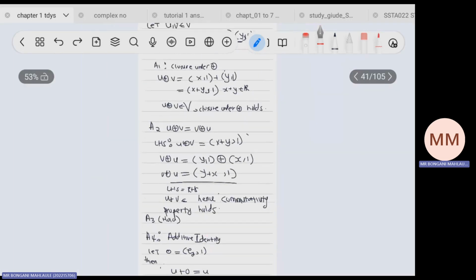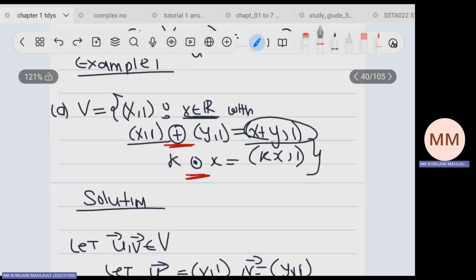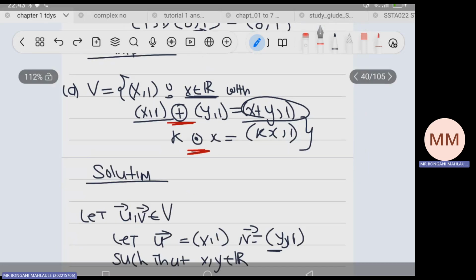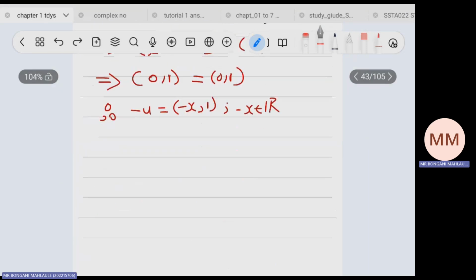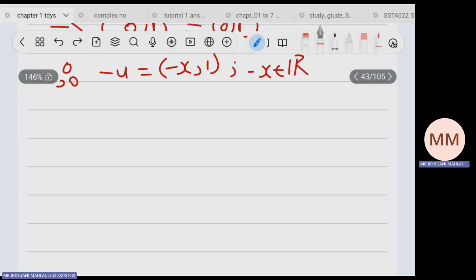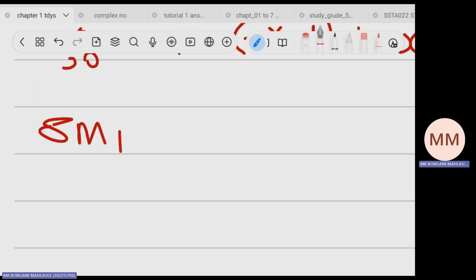still on the same question. Now I want us to focus on, we've checked the commutativity, we've checked these two. I'm going to skip the associativity property. We're going to go straight to SM1 and SM2.